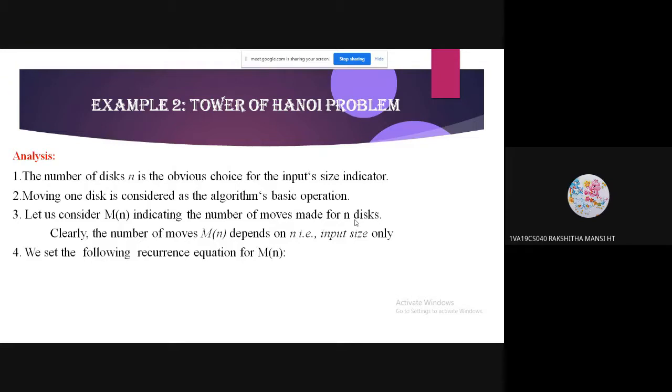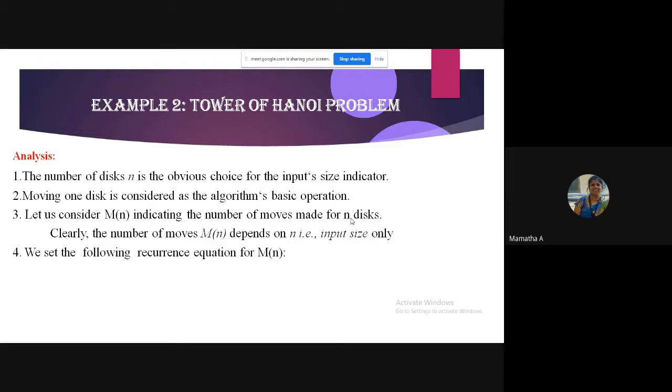One move, from source to destination, plus what is next? Step 3: number of moves made, n minus 1. Now, tell me, what is the recurrence relation? M of n equals to?